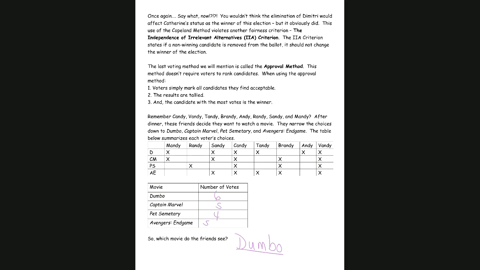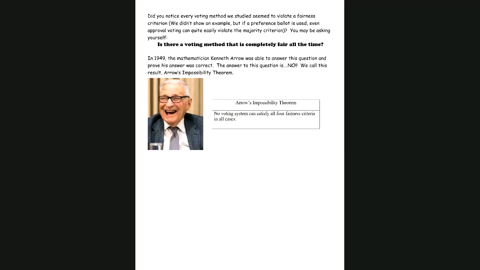All right. So quickly here, I think we're going to finish up pretty quickly. Did you notice that every voting method we studied seemed to violate a fairness criterion? When we studied the plurality method, it violated the Condorcet criterion, right?